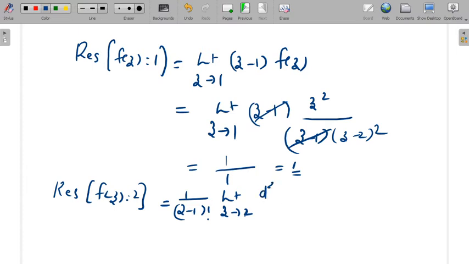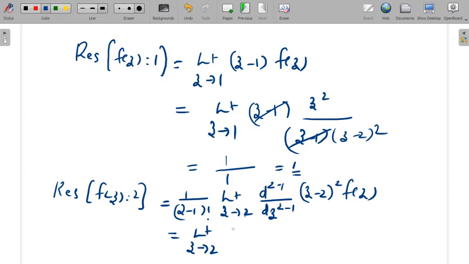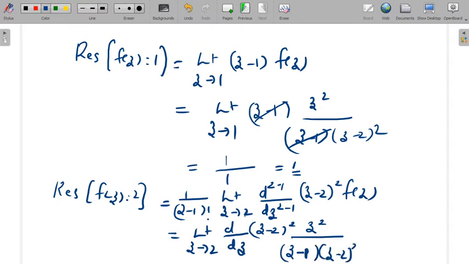d raised to 2 minus 1 by dz raised to 2 minus 1 z minus 2 the whole square into f of z. So we get limit z tends to 2, 2 minus 1 factorial is 1, and the first order derivative of z minus 2 the whole square f of z is z square by z minus 1 into z minus 2 the whole square.